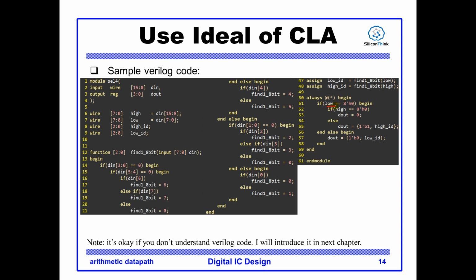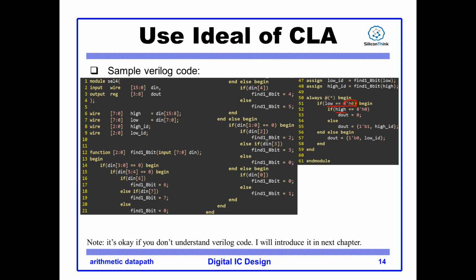We check the lower 8 bit to test whether it's 8 bit 0. If this is true, the first 1 bit must come from the higher bits. Yes. So this is a test.